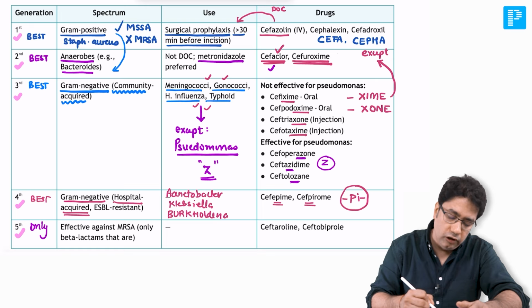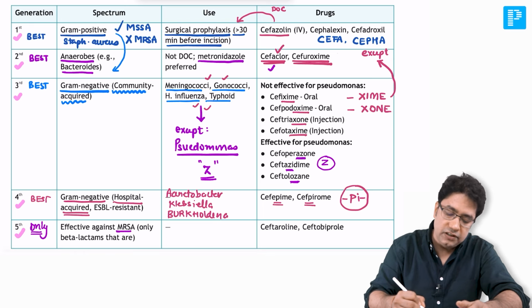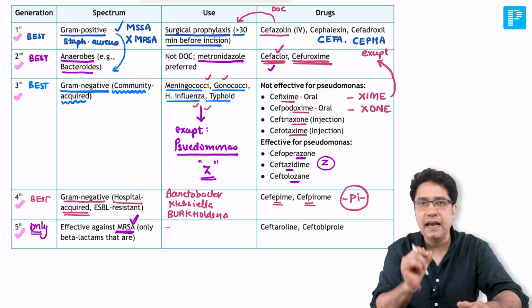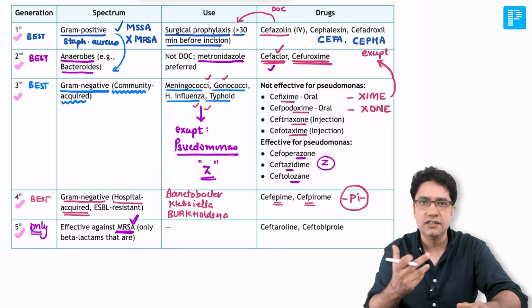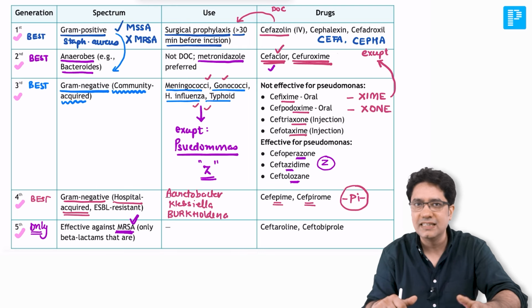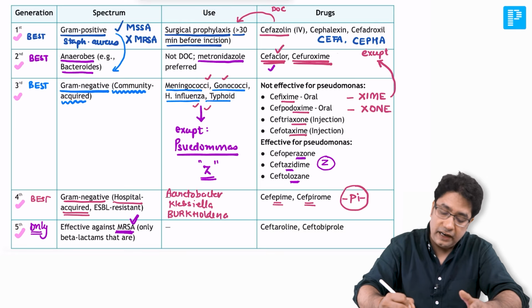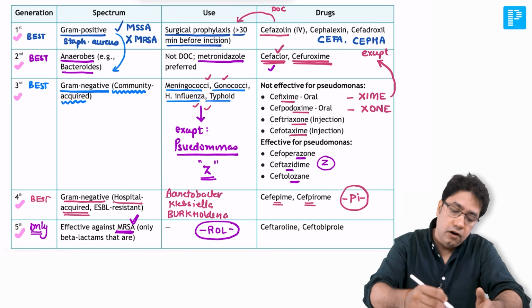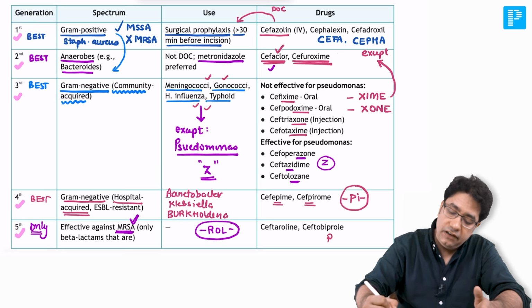It is the only cephalosporin which is effective against MRSA, which stands for methicillin-resistant Staph aureus. And how to identify their name? Just identify the word ROL. The ROL word will come in them, and we can identify ceftaroline, ceftobiprole.